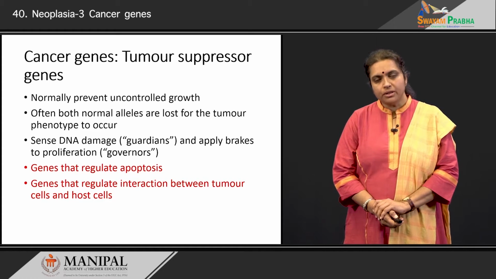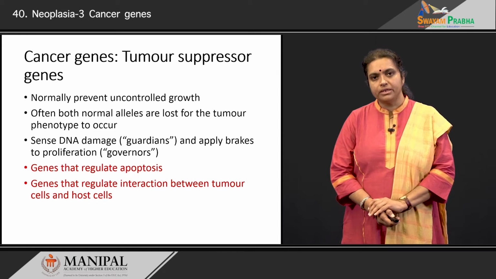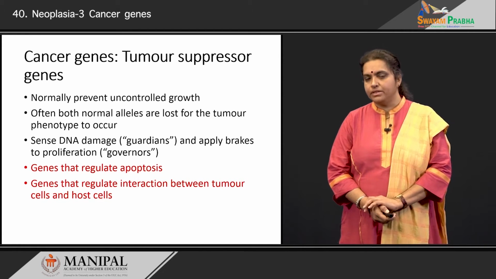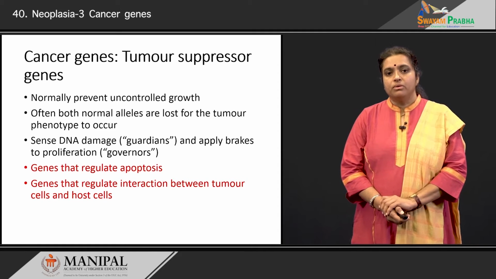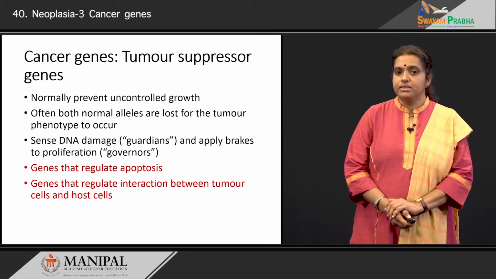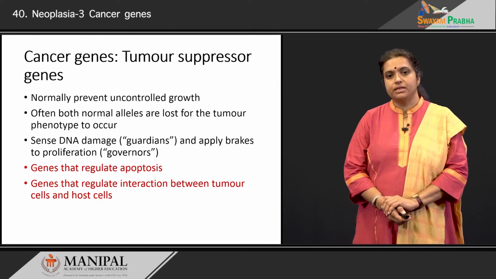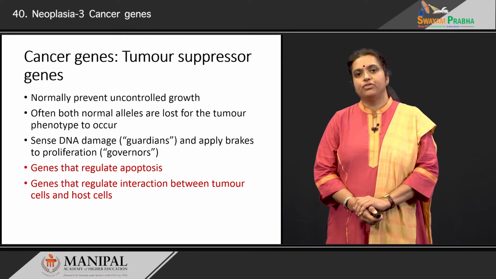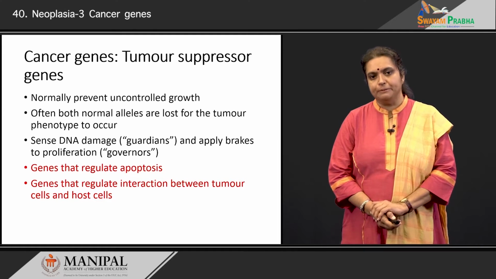So, they ensure that there is normal, coordinated and regulated proliferation of cells within any organ. Now, we learned that oncogenes are dominant, whereas for tumor suppressor genes you usually require loss of both the alleles for a tumor phenotype to occur.